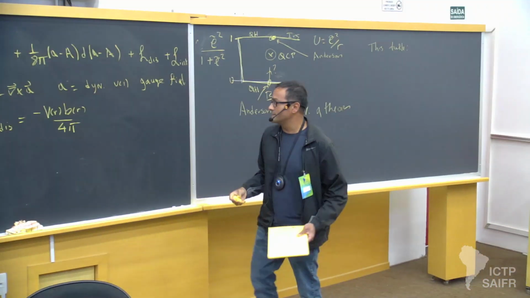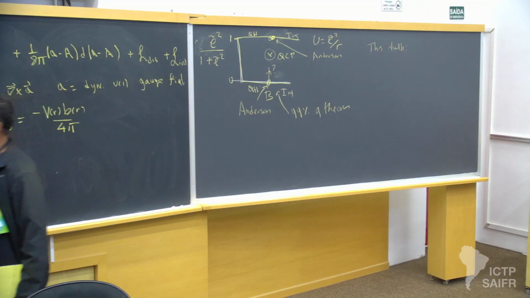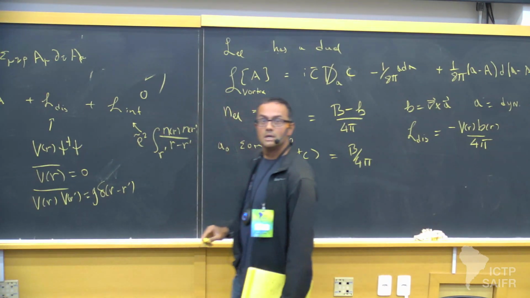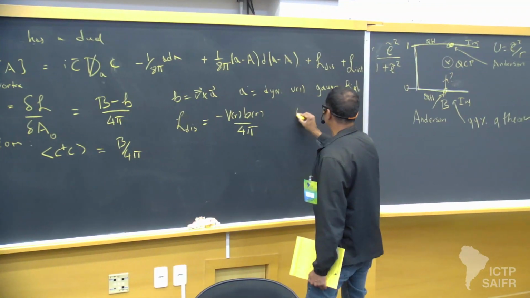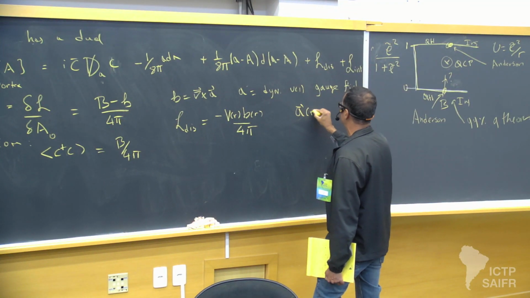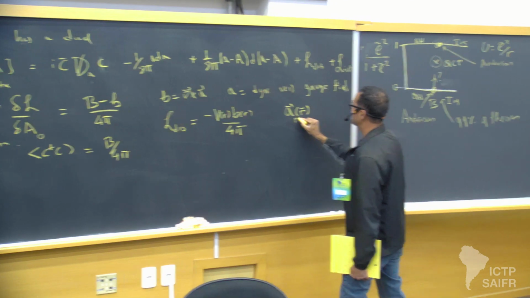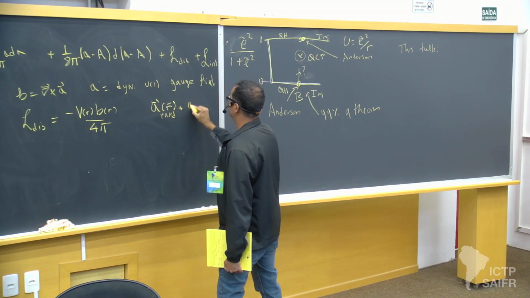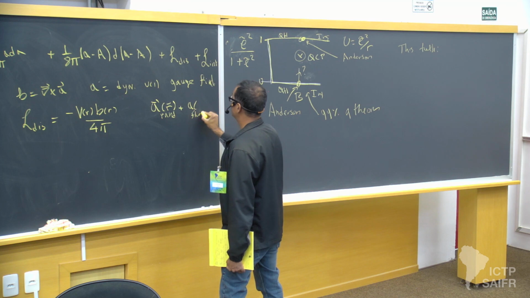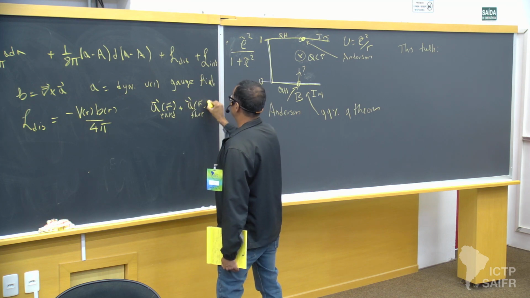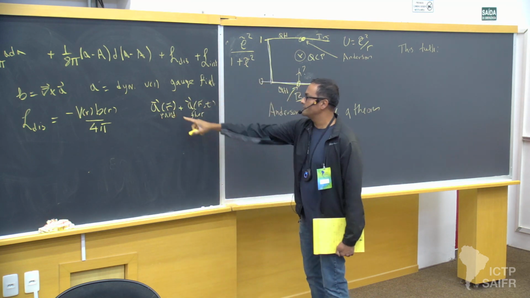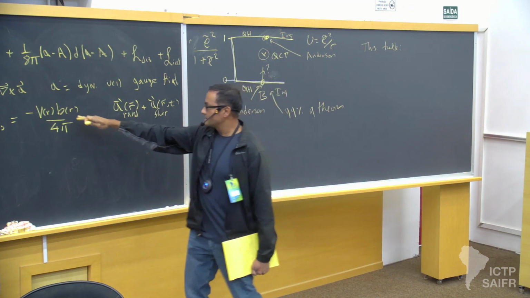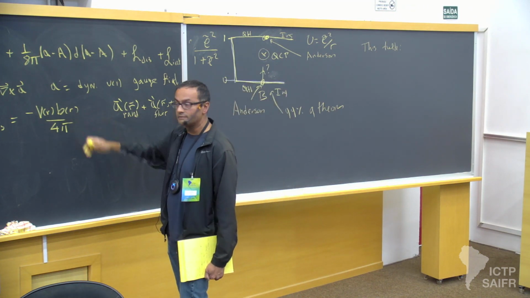So what that means is that while the original theory was coupled to a random scalar potential, the dual theory is coupled to a random vector potential. A has a random component, and then also a fluctuating piece, which depends on R and T. Okay, so this is a quenched piece and a dynamical piece. Because it has a random magnetic field, that implies a random vector potential.